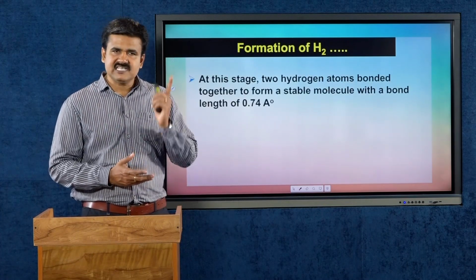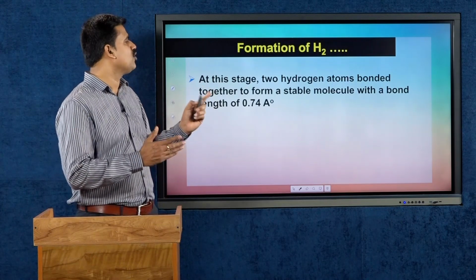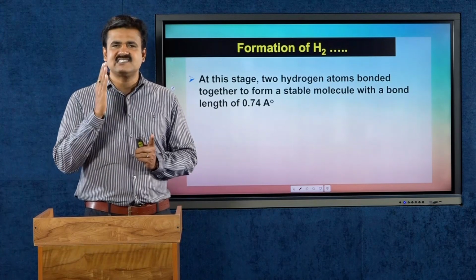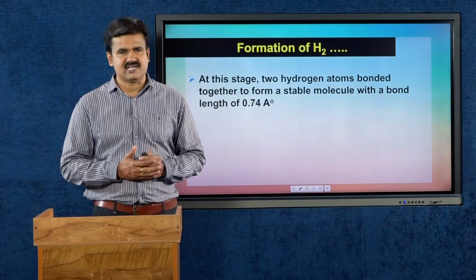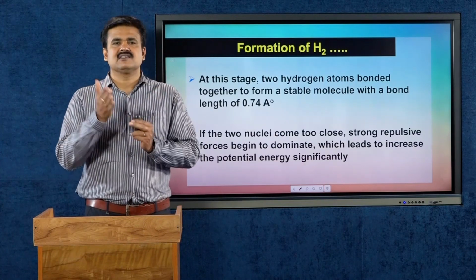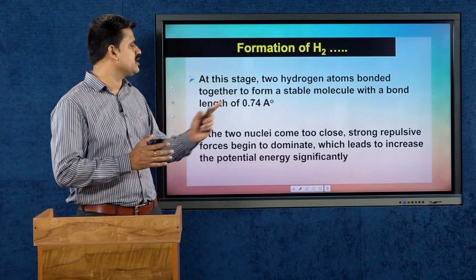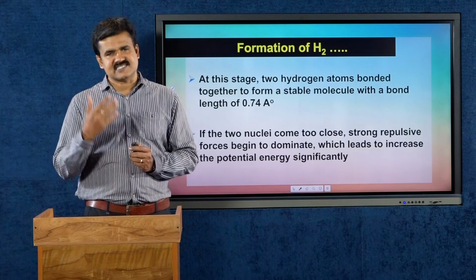At this minimum potential energy stage, two hydrogen atoms bond together to form a stable molecule with a bond length of 0.74 angstrom. If the two nuclei come too close, stronger repulsive force begins to dominate, which leads to a significant increase in the potential energy.